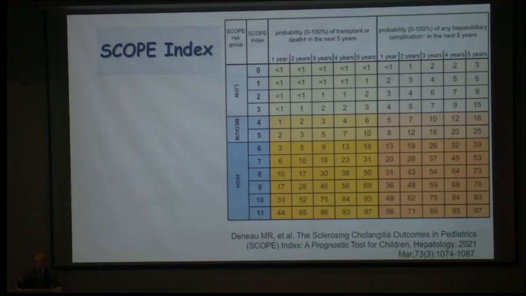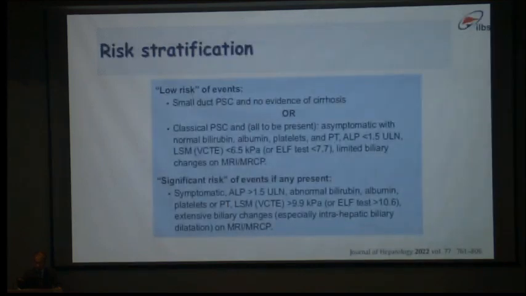So risk stratification, as per the adult data: small duct PSC or classical PSC with normal bilirubin, albumin, platelets, or with LSM less than 6.5, and with limited biliary changes on MRI.